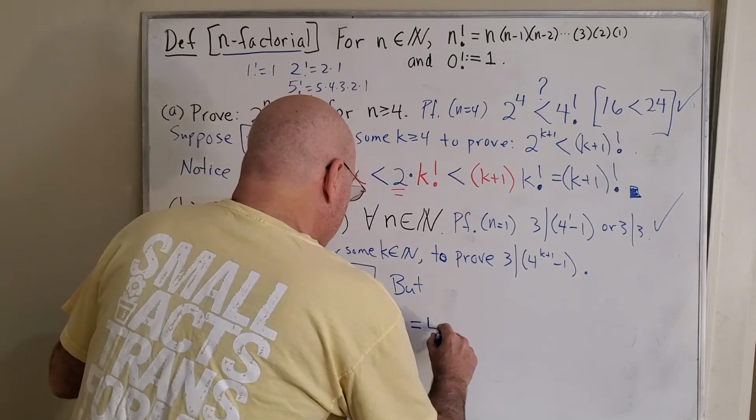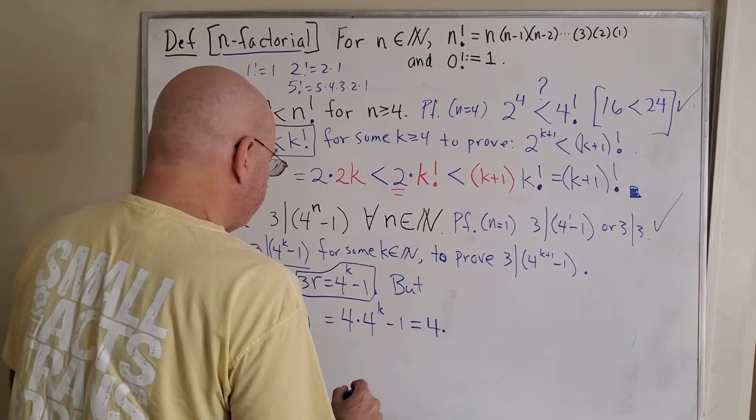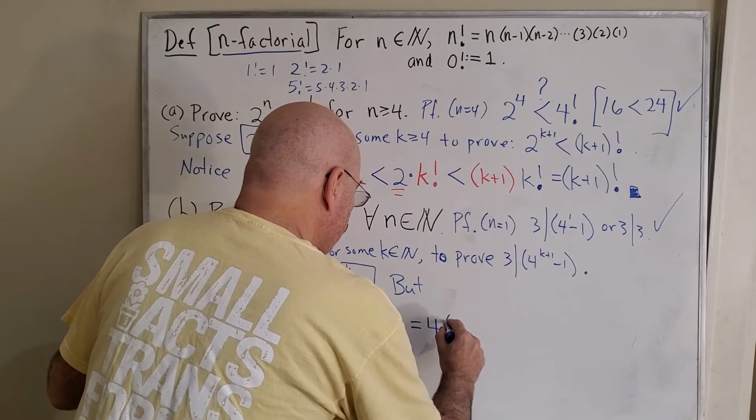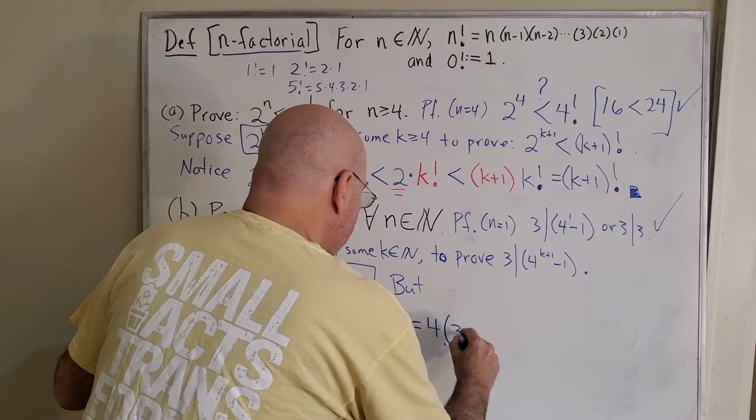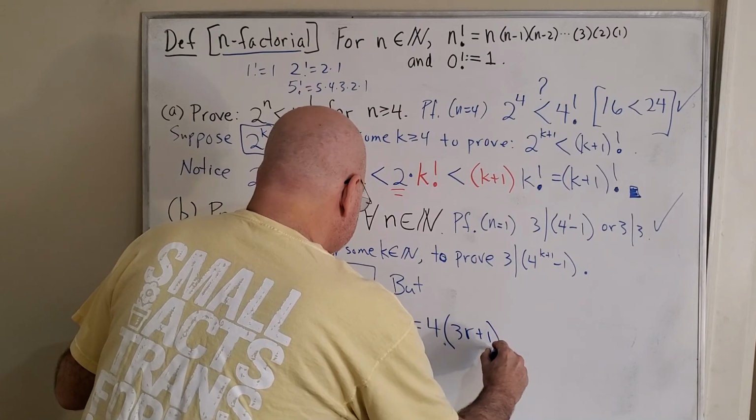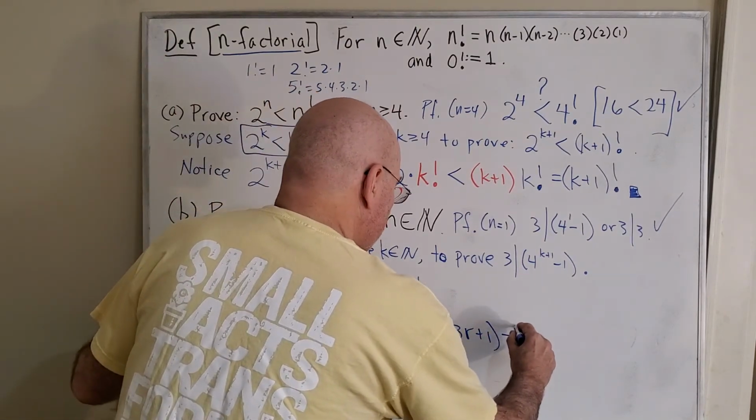That's going to be 4 times 3r plus 1, minus 1.